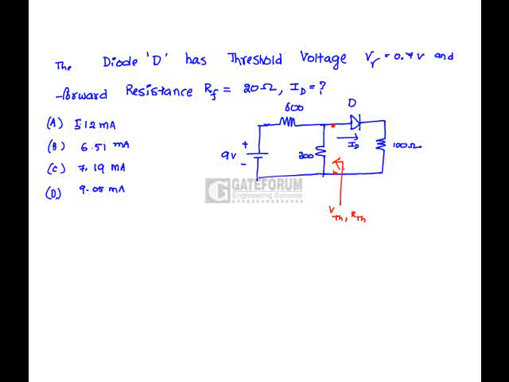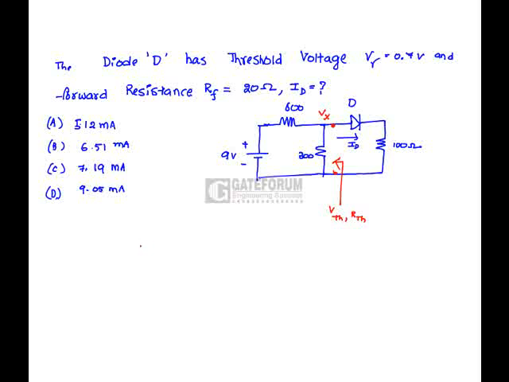One more way is we can apply KCL here, assuming the diode is on. Okay, so if we apply KCL at node Vx, if we get ID that is positive, then the diode is in on situation and we are going to know the value of ID.